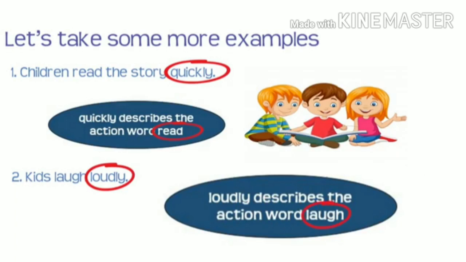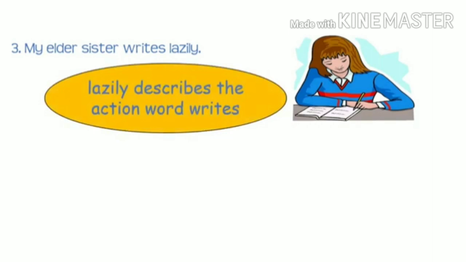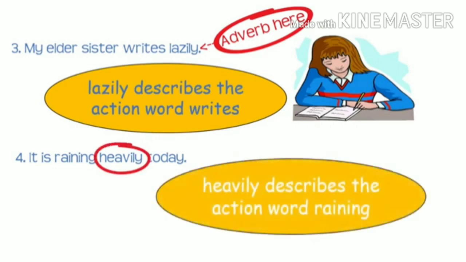My elder sister writes lazily. Here the word lazily describes the action word writes, so it is an adverb. It is raining heavily today. Now here, dear kids, what is your adverb? Yes, heavily. Heavily describes the action word raining.